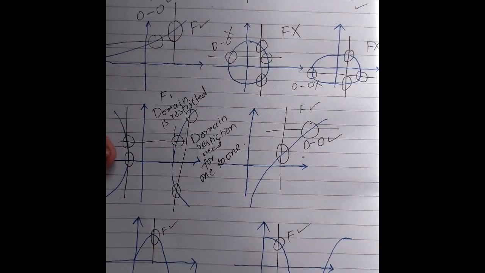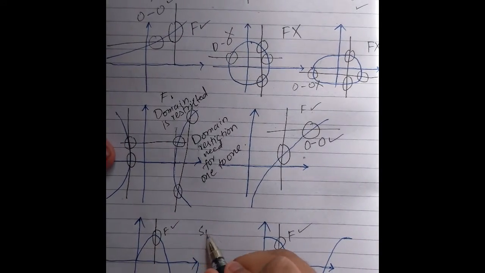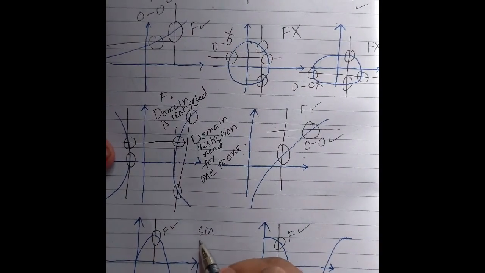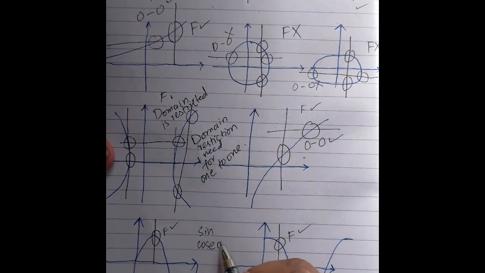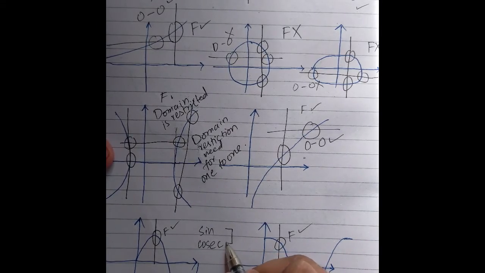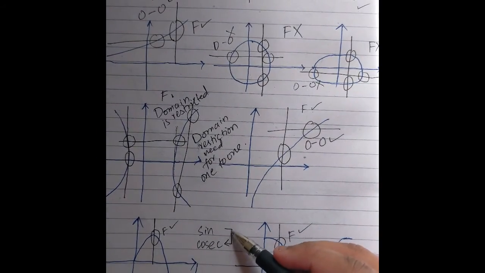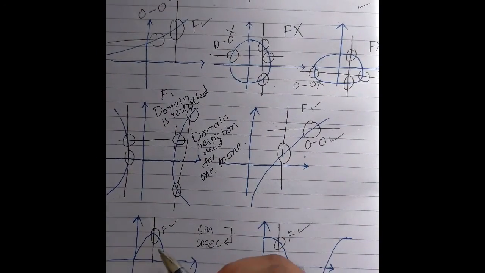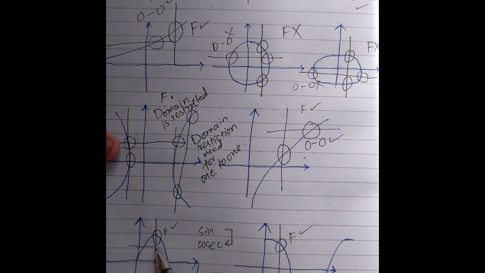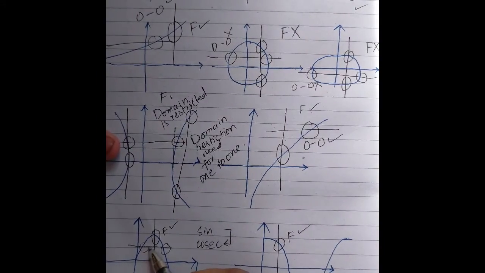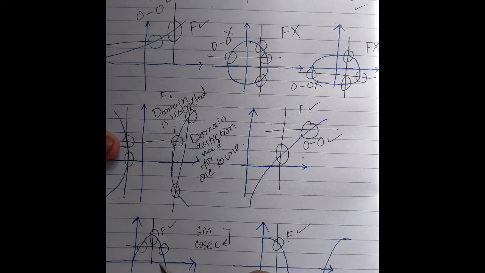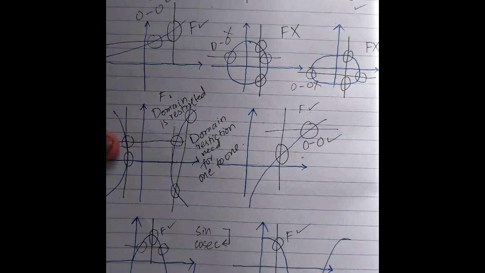In trigonometry, this is a sine function, and the inverse of sine is cosec. So we get to know that the inverse function of trigonometry function exists. But if we perform the horizontal line test here, the graph cuts in two places, which shows that the inverse should not exist.